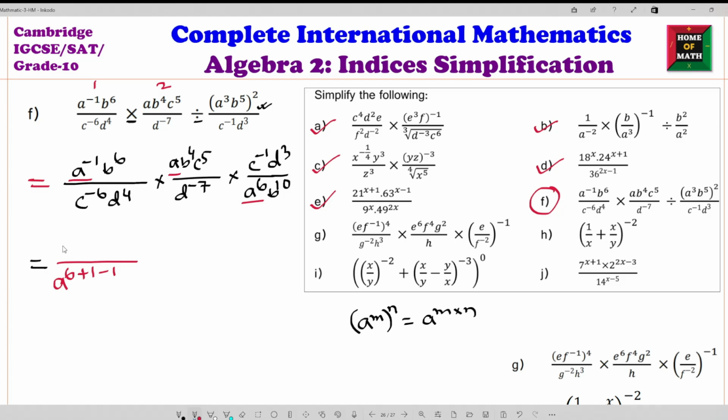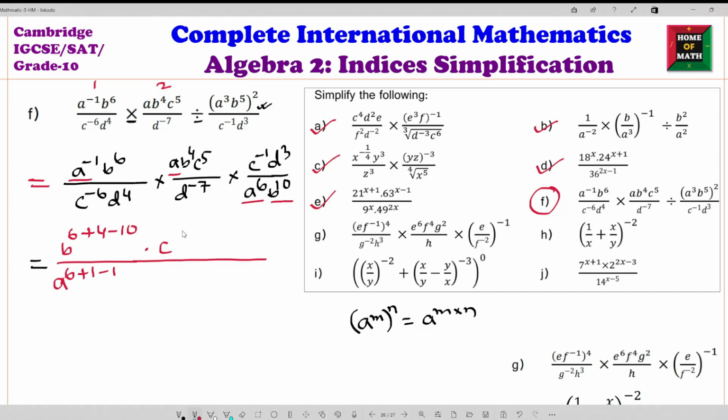Now we will do b. Here is b to the power 6 and here is b to the power 4. So we can write plus 4, and in the denominator here is b to the power minus 10, it will become minus 10, right? Now c.